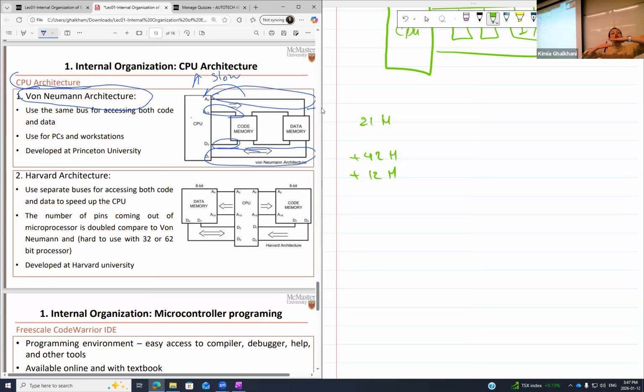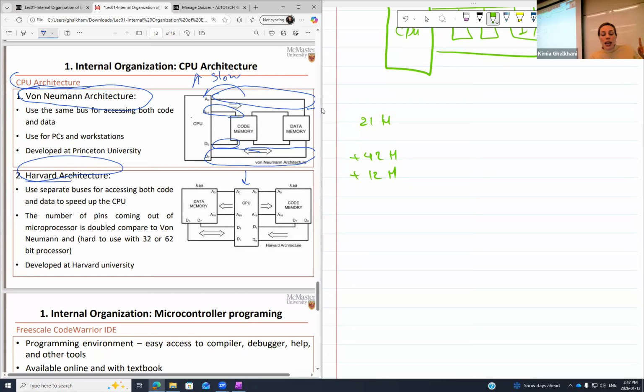Then for the same job or project, if it is modeling, 3D design, or any mathematical computation, at the same time you have two buses active. One is doing the read, one is doing the write. At the same time, information is sent to the CPU to process, and the other one is sending back the output. That's why the processor is fast, which we call Harvard architecture.